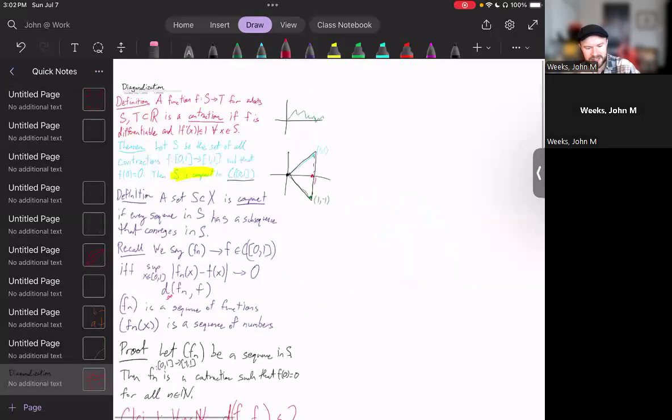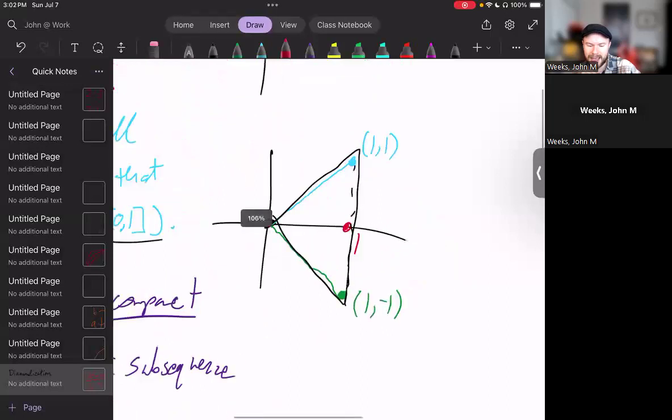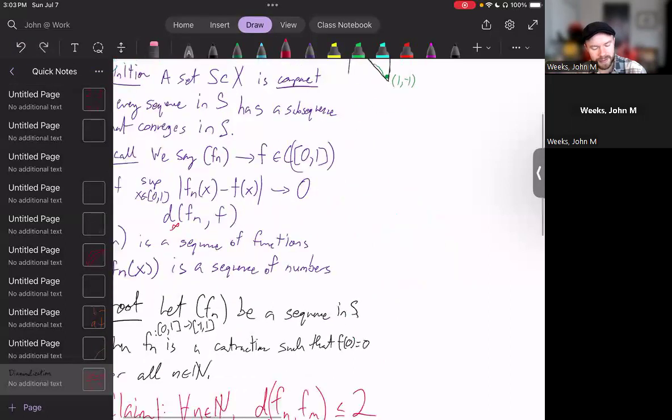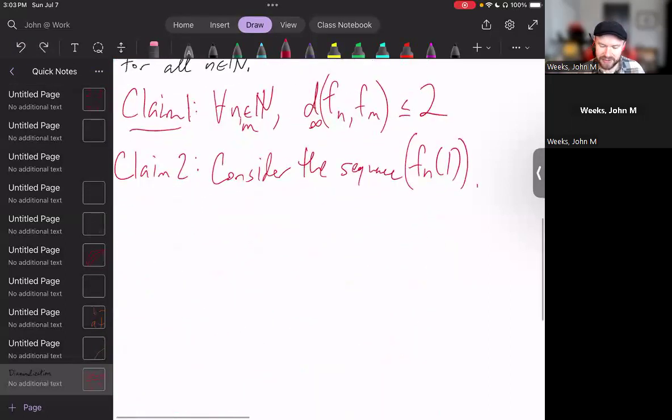Now, a reason I might want to consider this sequence is just when I was looking back at this picture here, I noticed that the largest possible distance was going to be out here when x is equal to 1. So maybe I want to study that a little more and see what I can come up with for that. So let's consider the sequence of f sub n of 1. Now, here's how we're going to do this.